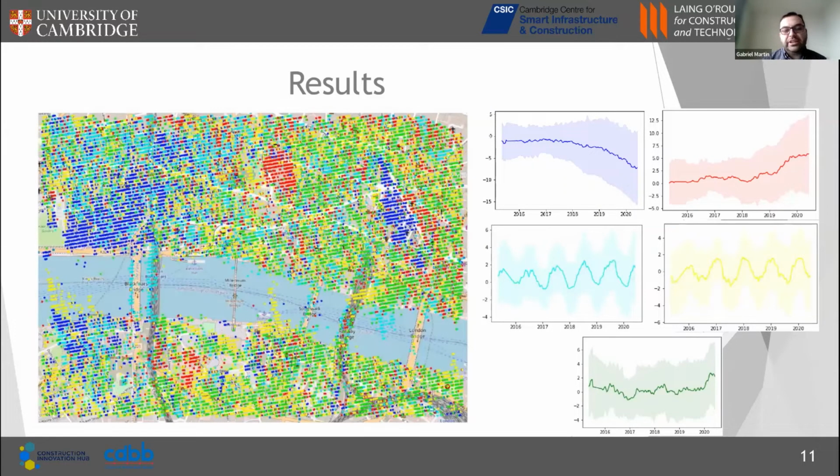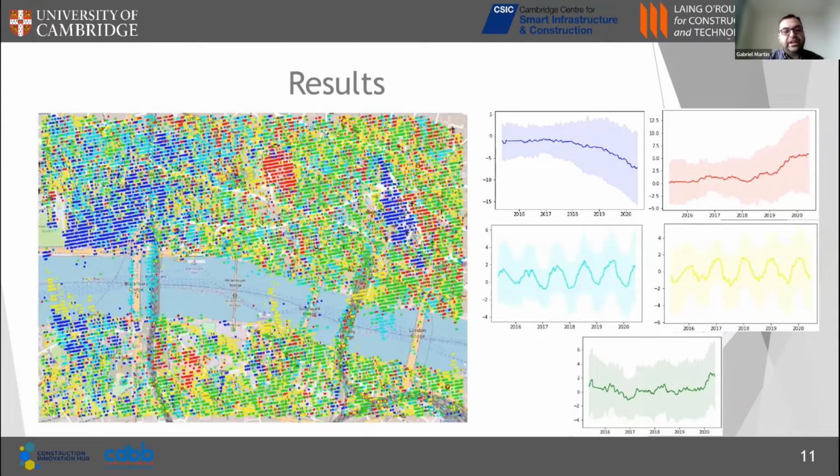Then we have, in cyan color, this blue color, which is mainly located along the Blackfriars Bridge, and it is a seasonal signal with positive displacements in summer and negative in winter, which corresponds to the dilation and contraction pattern that we observe on this bridge.